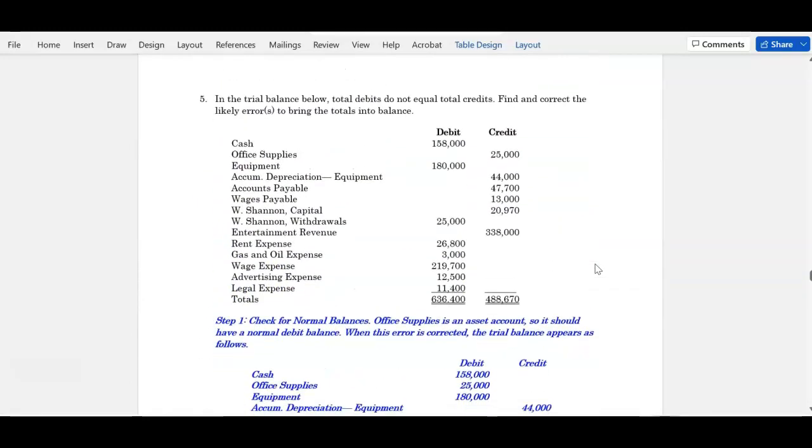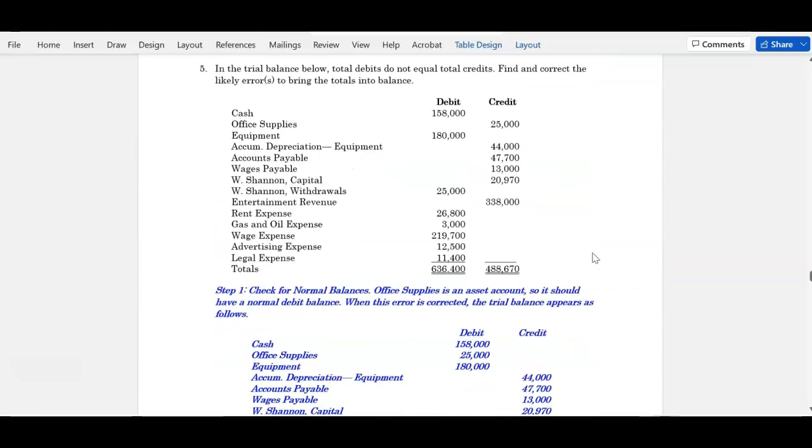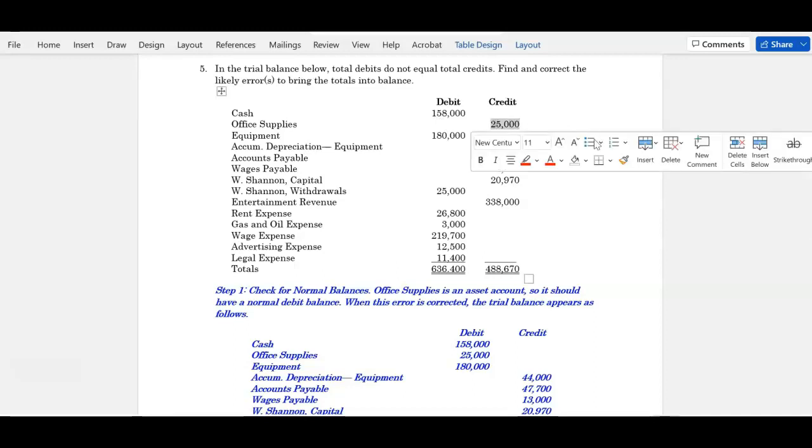Okay, here is number 5. As you see, it's not equal, right? So let's fix it. Step 1, you follow the normal balance. So cash is debit, yes.